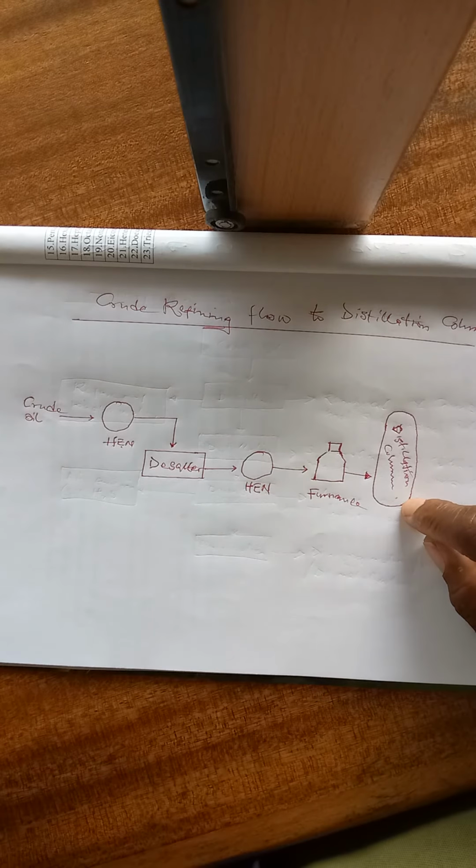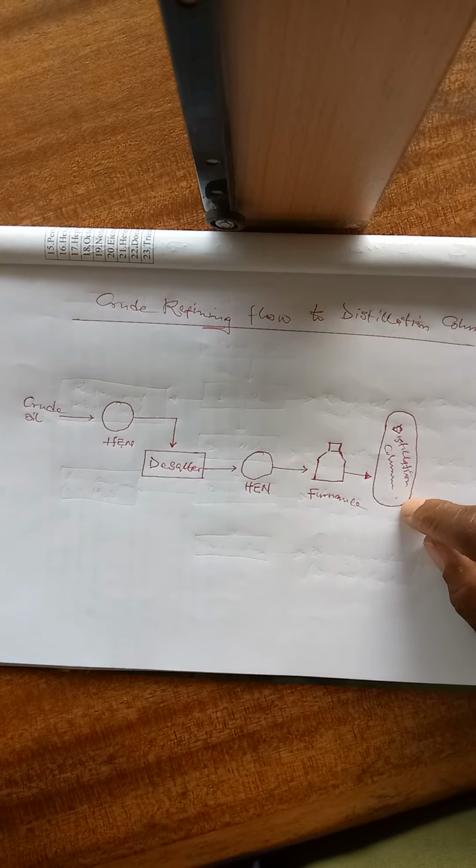After that, it takes it straight to what we term a mixing valve, which is more or less like a globe valve. And lastly, we look into the desalter. So this is a desalter.